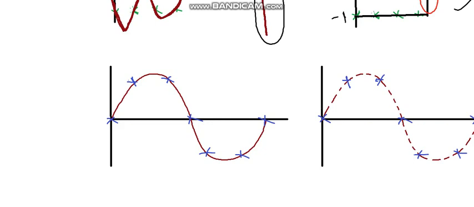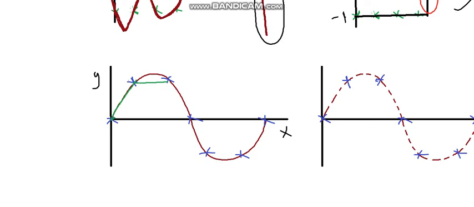Suppose this is another set of data we have, and this is the original curve, which is in brown or gray color. If you consider the linear interpolation here, then we can draw linear interpolation like this between these points.